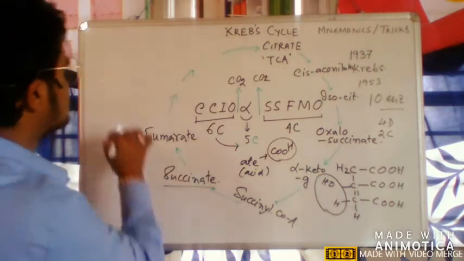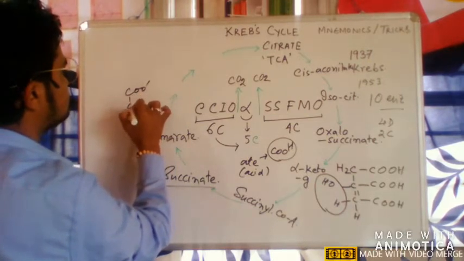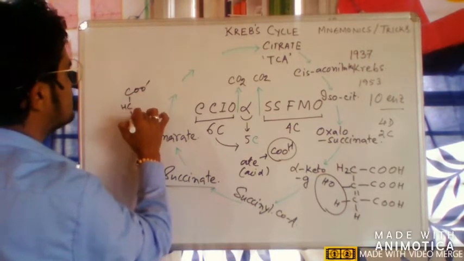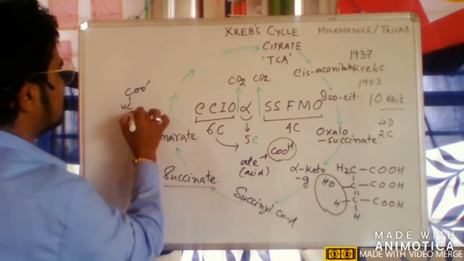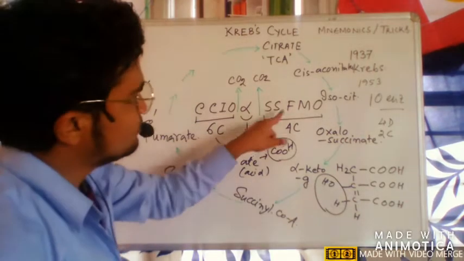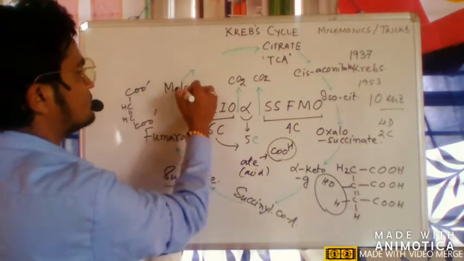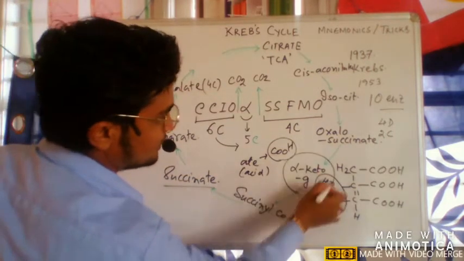This is the structure of fumarate, like a mirror image: CH, then CH, COO minus. You can see a double bond over here. Then fumarate, then malate. These are all 4 carbon compounds, because after alpha-ketoglutarate there is a release of CO2.